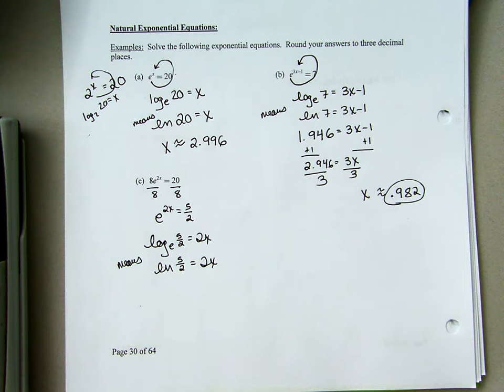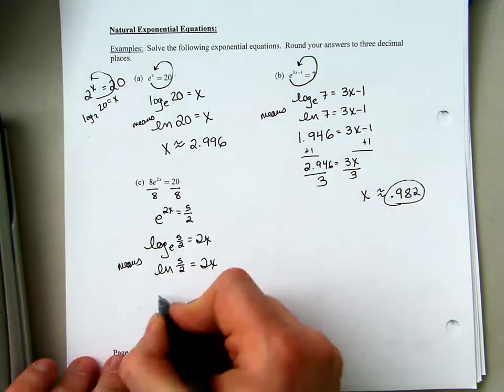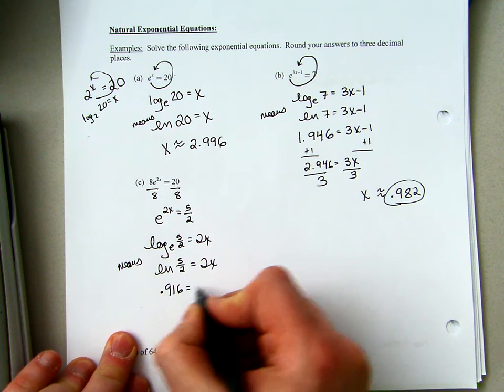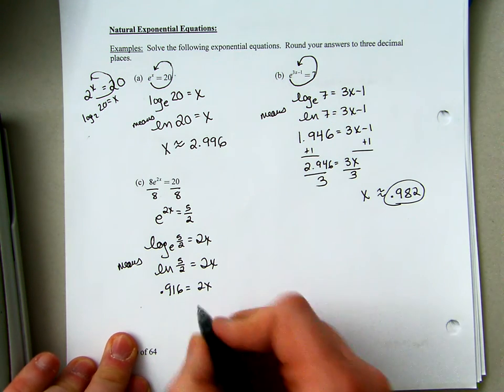We're going to do more natural logs in here, though. Yes, ln 5 halves equals 2x. What do you do now? Natural log. Type it into the calculator, natural log of 5 halves. So 0.916 is 2x.